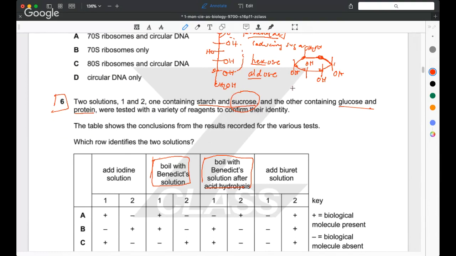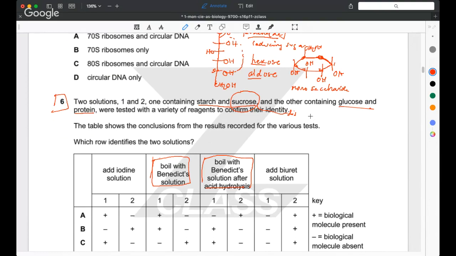Glucose is a monosaccharide, isn't it? Right? Just one of these ring forms. Sucrose is a disaccharide. So that means 2 of, not 2 glucose units, but 2 single monosaccharides joined together.